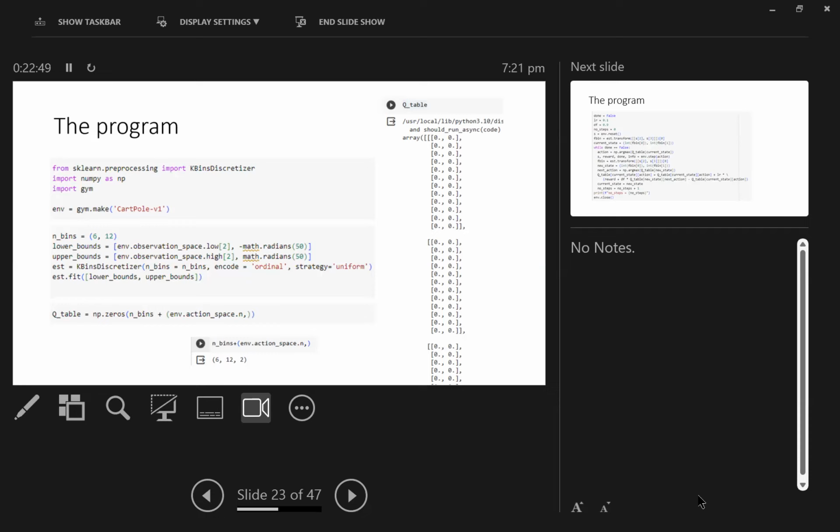Okay. So more importantly is about the state here. Remember, now the state basically has 6 for one component and 12 for another component. So in order to create this table, we need to define a numpy array such that of course it has two columns, one for action left and one for action right.